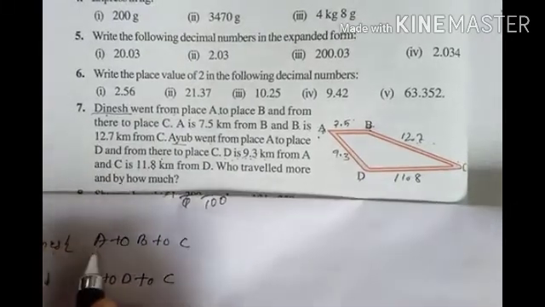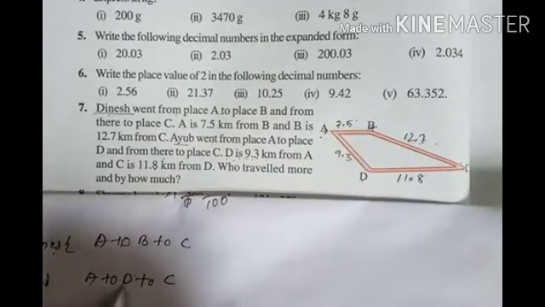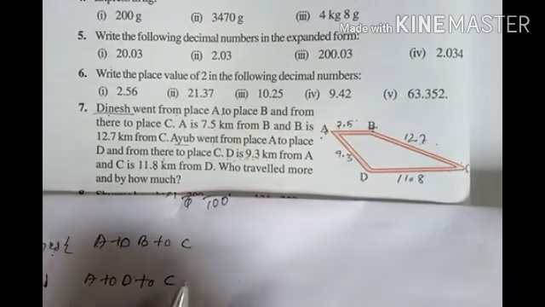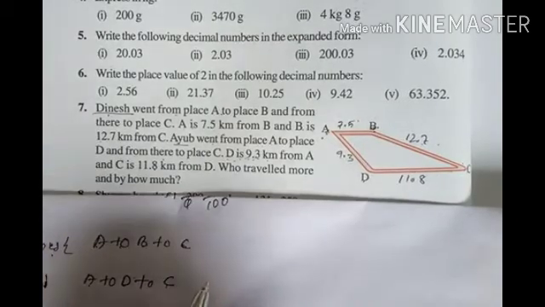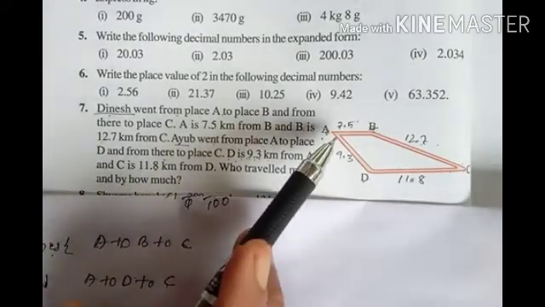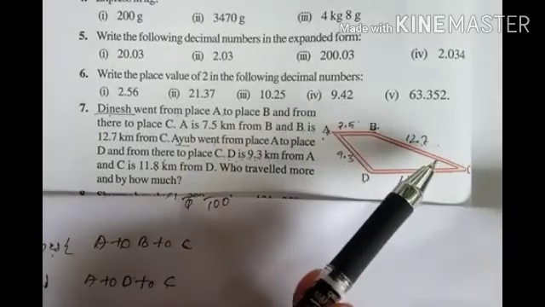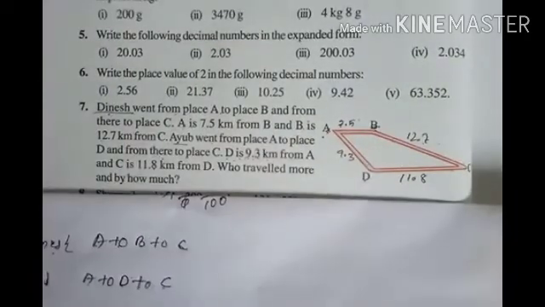Both are now at position C. Now you have to see who traveled more and how much more. Now whose length is more, means who has traveled more length. So what you will do?